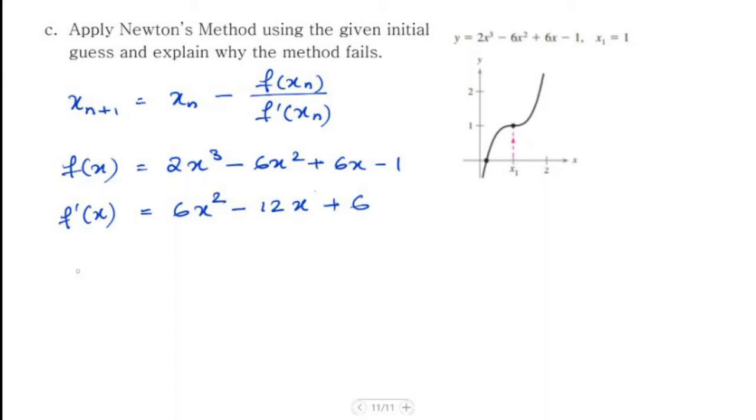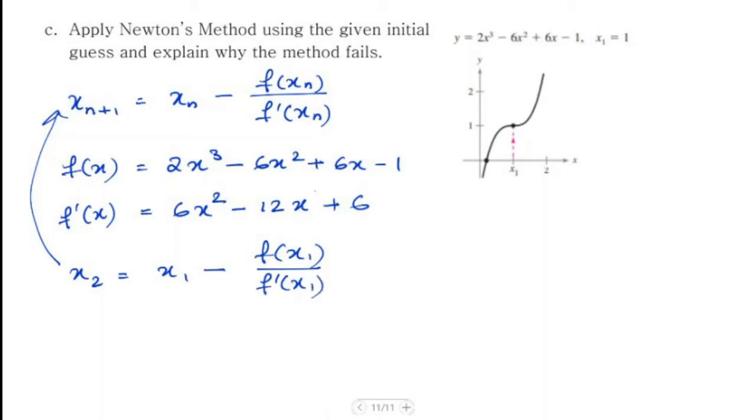So we have here to find out, let's say for x2, using the formula of the Newton's method. For x2, we need x1 minus f of x1 divided by f dash x1, right?